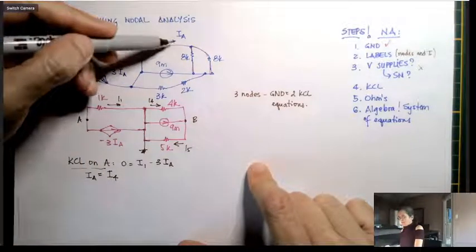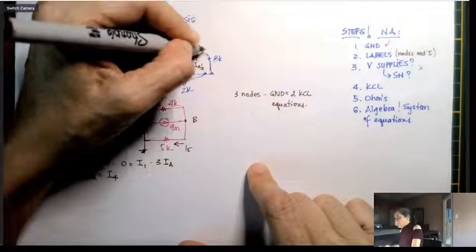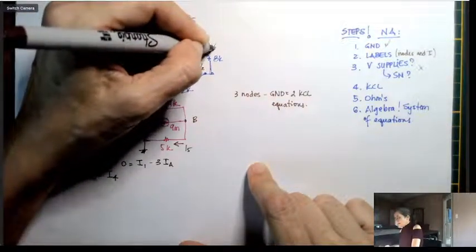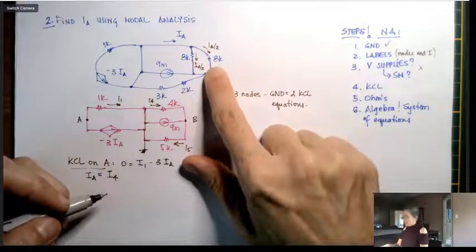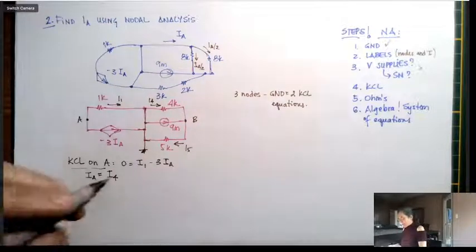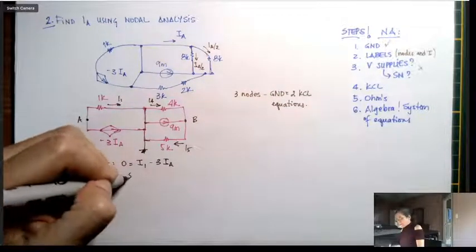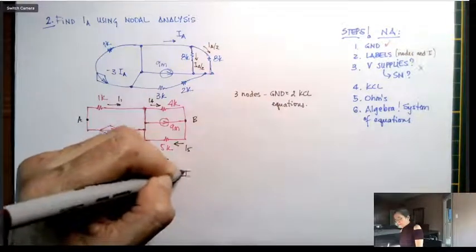This IA here ends up being IA divided by 2, and this IA divided by 2, so when I combine the two, it's IA. IA equals I4. So 0 is I1 minus 3 I4.